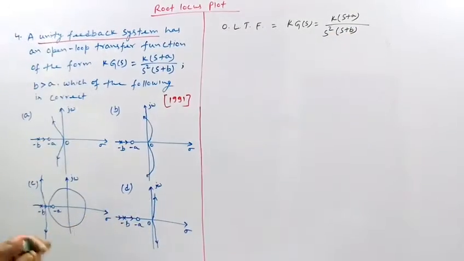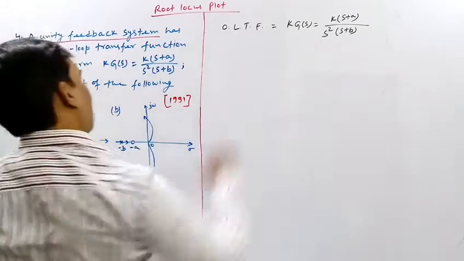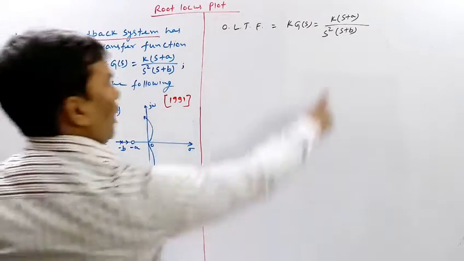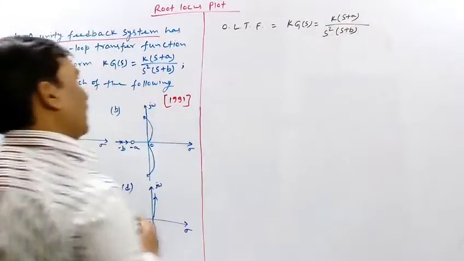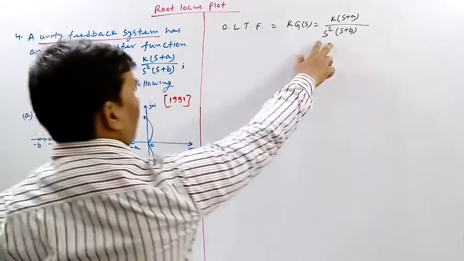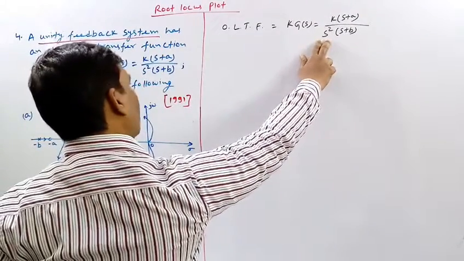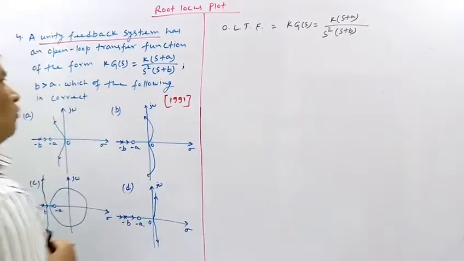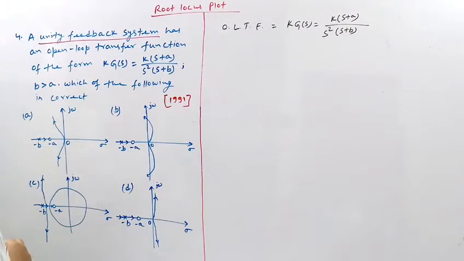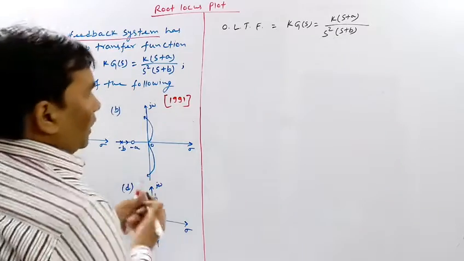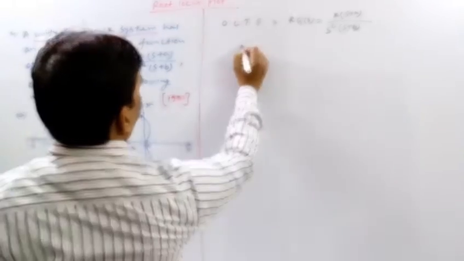So it is clear from this open loop transfer function that there is a zero at s equal to minus a, and there are 3 poles. 2 poles are at s equal to 0 and 1 pole is at s equal to minus b. So let me write here the open loop zeros.